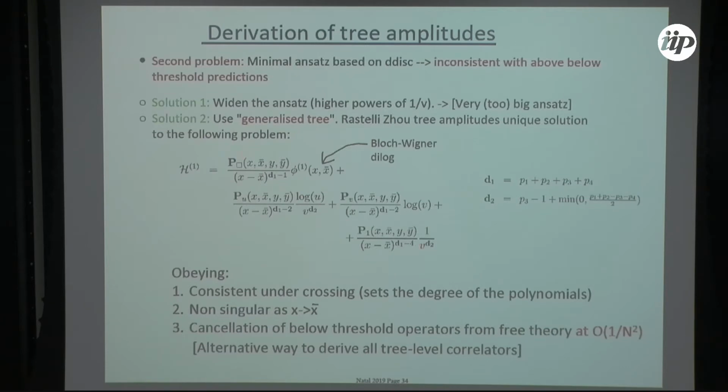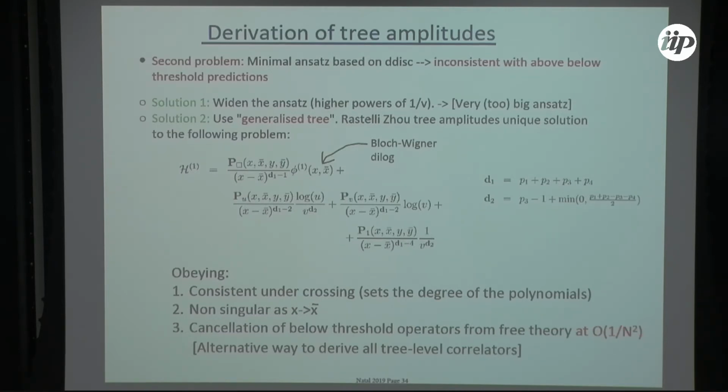So this is what you find if you look at your results. Now try and reproduce them by inputting that as an ansatz. You input that as an ansatz, and you insist that, first of all, it's consistent under crossing. Second of all, it's non-singular as x goes to x bar. And third of all, the key thing here is that you insist on cancellation of below threshold operators from free theory, at order 1 over n squared.